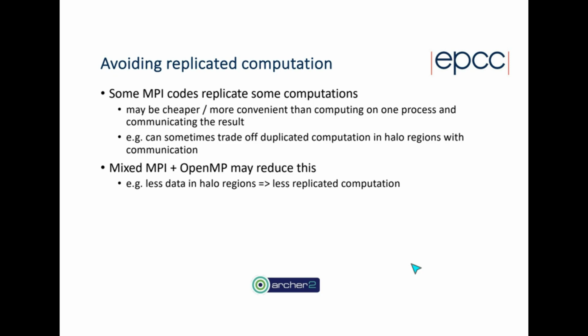Sometimes, for example, we trade off duplicated computation in halo regions with communication, so there are methods where you can do more computation and less communication instead. Using mixed MPI and OpenMP may help reduce that, because you make your domains bigger, you have less data in halo regions, and therefore there's less replicated computation to do.